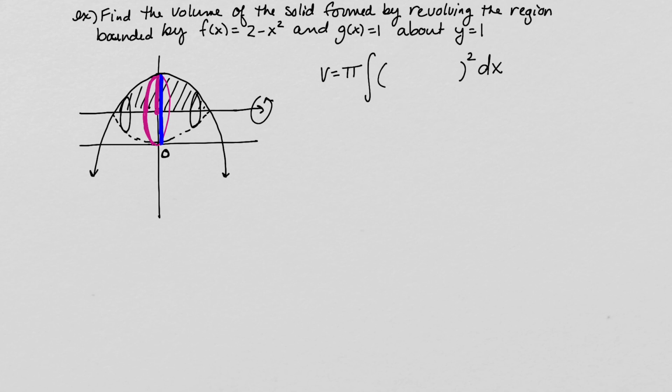So this blue part here that I just did, that is 2 minus x squared. That's how long that is. But that blue is too long for my radius. So if you notice, to get the radius, I've basically taken off this green part here. How high is that green part?